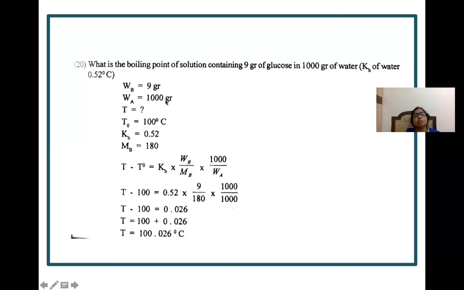Wa is 1000 grams. So T minus 100 is equal to, after doing all these calculations, 0.026. T is equal to 100 plus 0.026, so T is equal to 100.026 degrees centigrade. This is the boiling point of the solution.